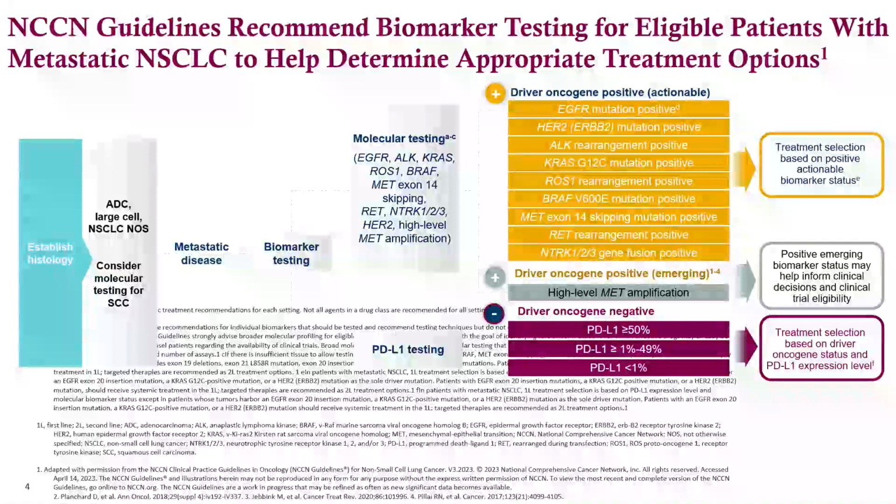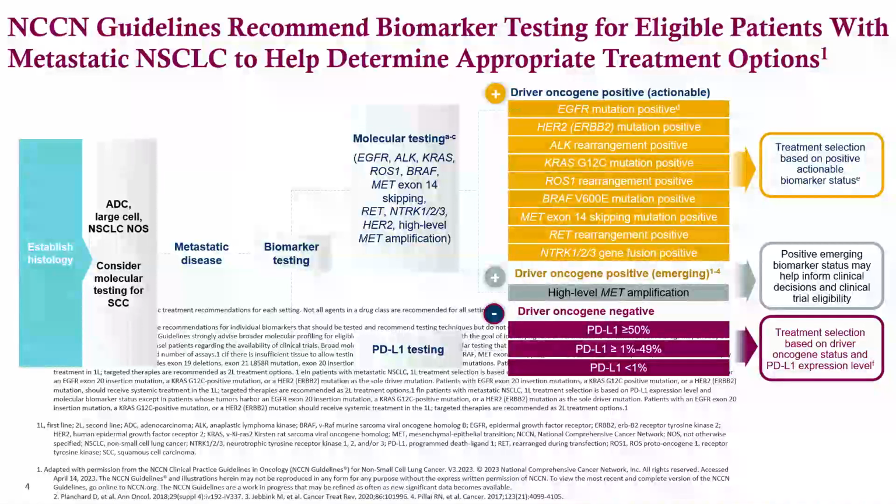This is the guideline showing what tests we have to order. If NSCLC is in early stages, we go for only EGFR, ALK, and PD-L1 in resectable lung cancer, that is from stage 1B to stage 3.